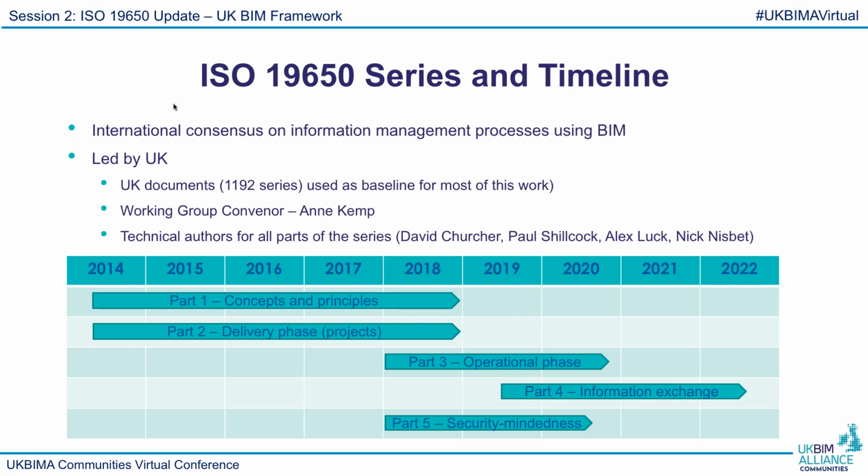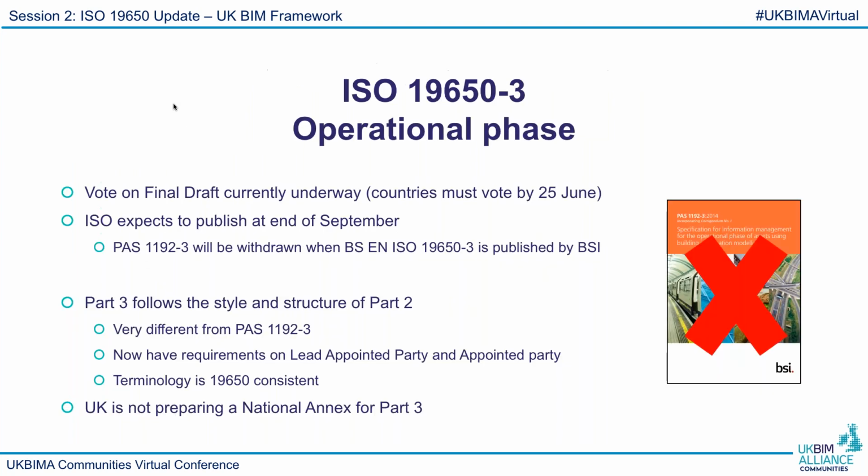So I'm just going to now step through briefly the three parts of the ISO that are still out there and waiting to be developed and published, parts 3, 4, and 5. ISO 19650 Part 3 is concerned with managing information during the operational phase of an asset's life.